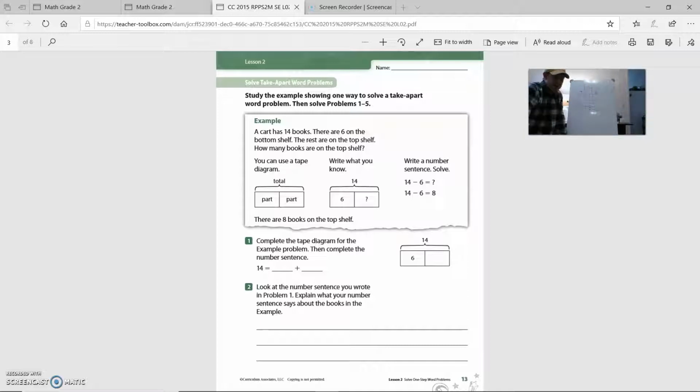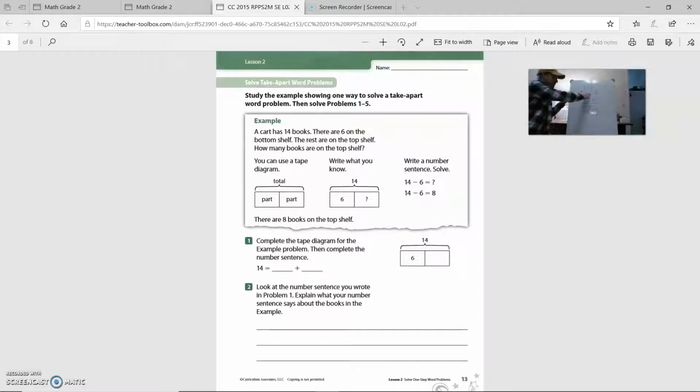It's also telling us that if we have 14 and we subtract 6, we'll have 8. So you can see the tape diagram is a slightly different way to look at it, but it works very much like our number bond.